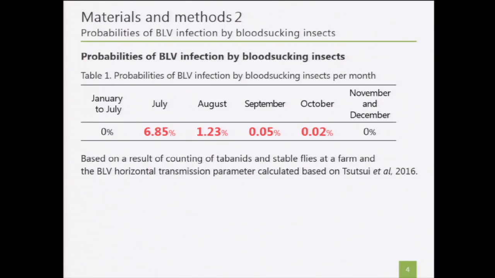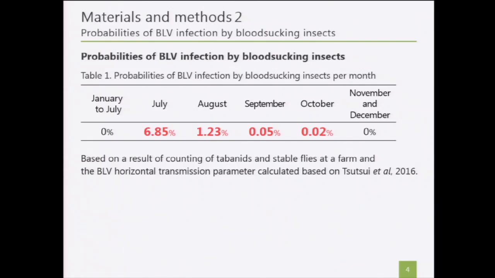Probabilities of BLV infection by blood-sucking insects were set as shown in the table. Insects transmitting BLV, such as tabanids or stable flies, appear in summer to autumn in Japan. So in this simulation, the probability of BLV infection by blood-sucking insects from July to October was set from 6.85% to 0.02%, and the other months 0%.